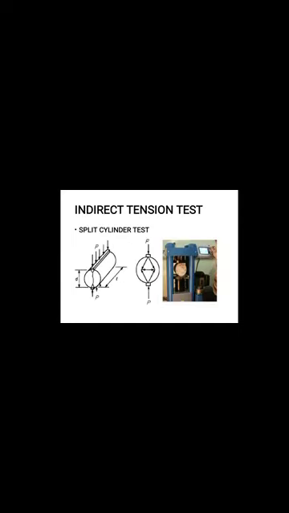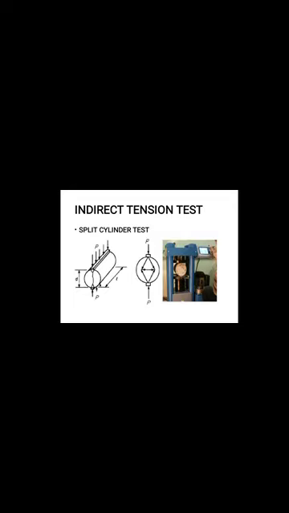Next, moving on, the next one is the indirect tension test. As the name suggests, the tension is applied indirectly. In the previous case, the cylindrical specimen is mounted vertically, but in this test, we mount the cylinder horizontally and the compression load is applied.